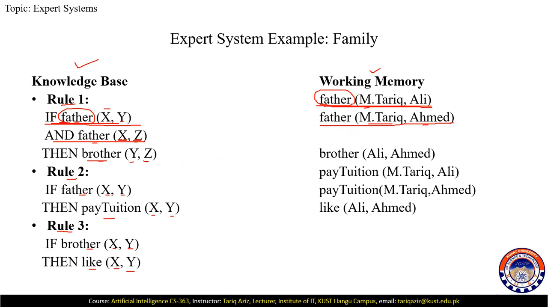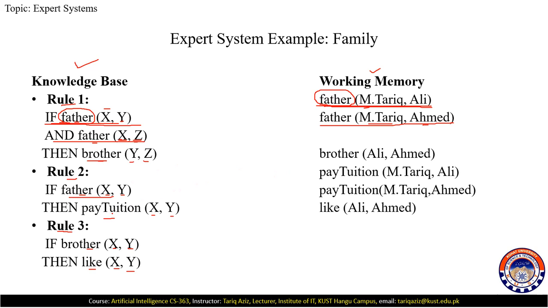Now rule 2 says that if X is the father of Y, then X will pay tuition fee for Y. So first of all, Prolog will look at the working memory. Here Mr. Tariq is the father of Ali, so this match is found.